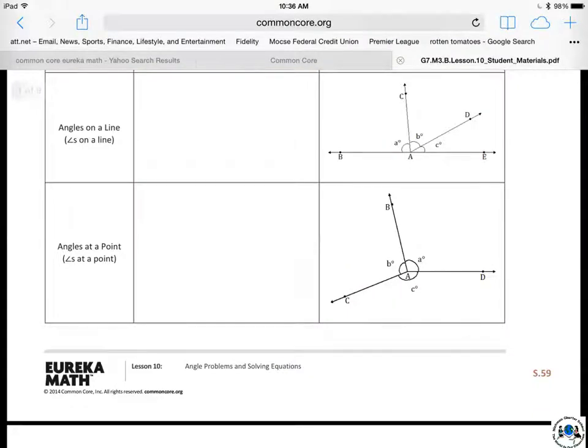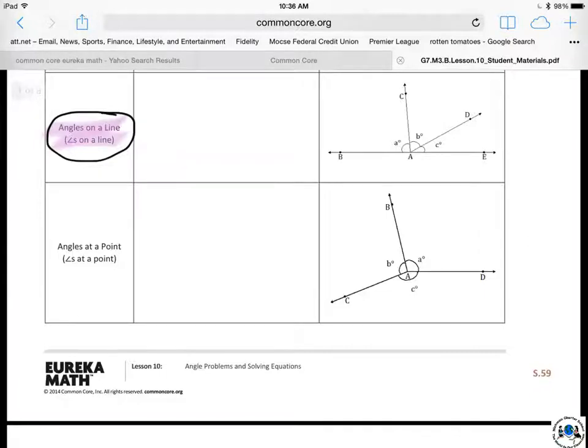Next definition or fact we need to consider is this idea of angles on a line. Angles on a line. A very, very important fact to understand when you're solving equations is that, very simply, angles on a line are going to add up to 180 degrees.